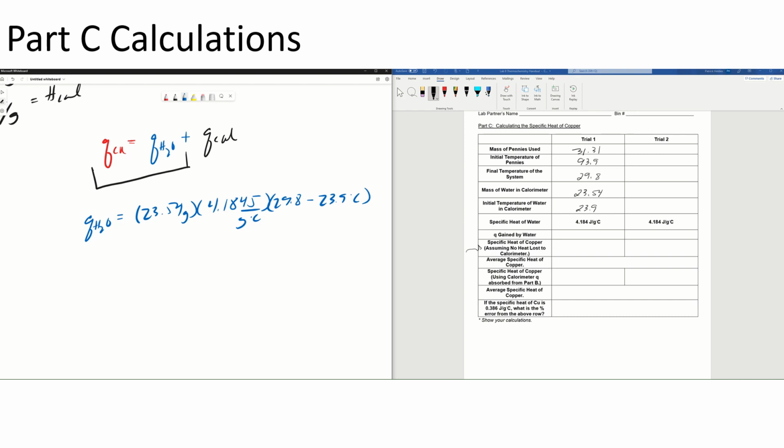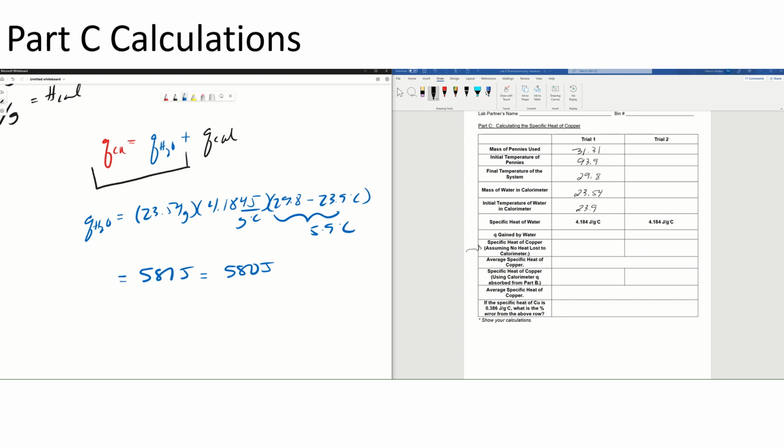So 29.8 minus 23.9 is actually 5.9 degrees Celsius. We're going to need to know that for our sig figs. So 5.9 times 4.184 times 23.54 tells us that the Q of the water is 581 joules. So we are going to write that as 580 joules so that we have 2 sig figs.